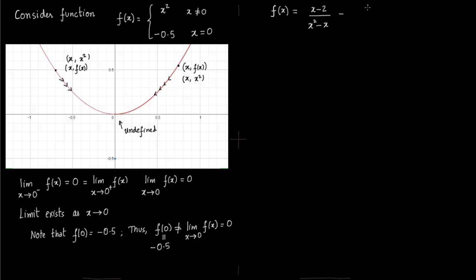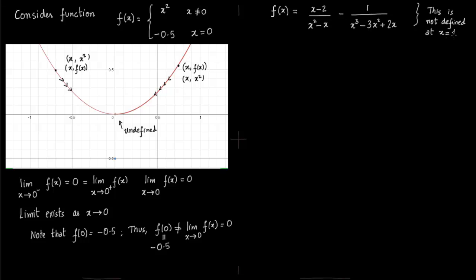Now consider another function of this form. f(x) equals (x minus 2) divided by (x square minus x), minus 1 divided by (x cube minus 3x square plus 2x). Now immediately notice the first fraction, x minus 2 divided by x square minus x. The denominator is 0 at x equals 1. So the first fraction is not defined at 1.